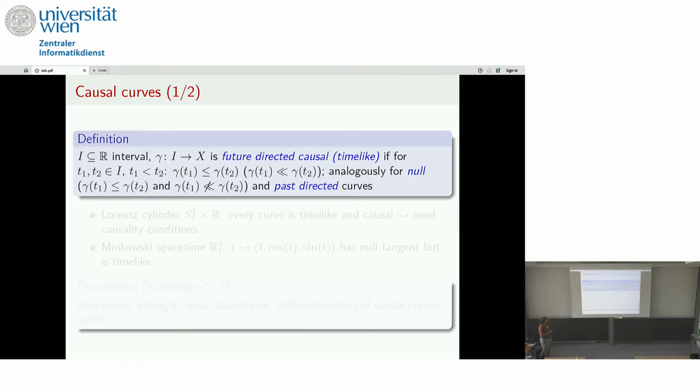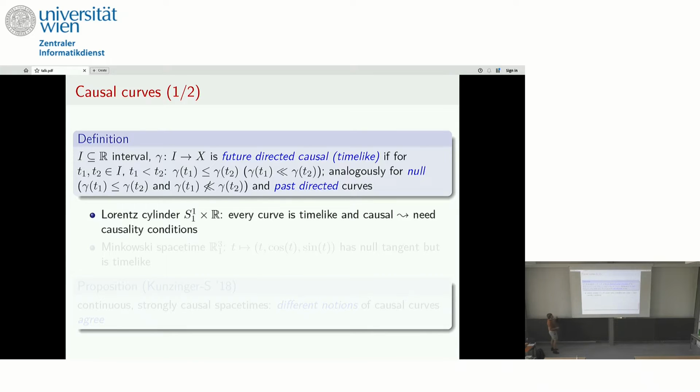So if you have a Lorentzian pre-length space, now you can talk about causal curves as follows. They are totally ordered by less or equal, and similarly, a time-like curve is totally ordered by less. Analogously, you can define null curves as saying that they are totally ordered by less or equal, but no two points are time-like related. And you see immediately that this does not give you the same thing as in the spacetime case in general.